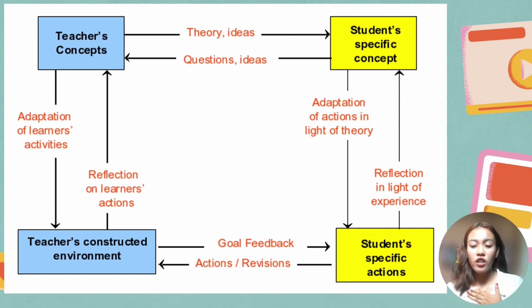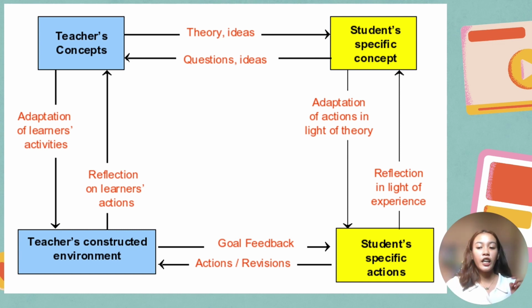Adaptation of actions in light of theory. As the student learns and interacts with the teacher's ideas, their understanding changes and adapts. Then reflection on actions: the students think about what they've learned and how they can use it. So, the constructed environment.